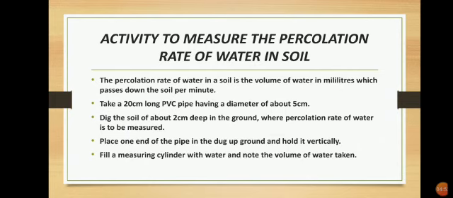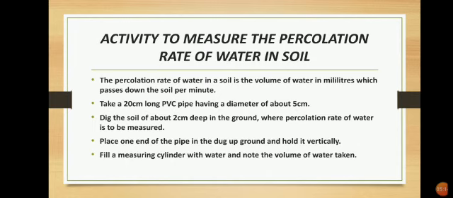That pipe is known as a PVC pipe. So take a 20 centimeter long PVC pipe having a diameter of 5 centimeter. All of you know what is diameter and what is radius. If the diameter is 5 centimeter, then the radius must be 2.5 centimeter.